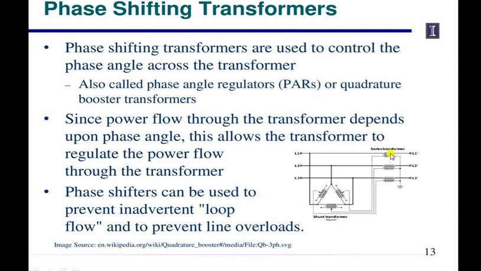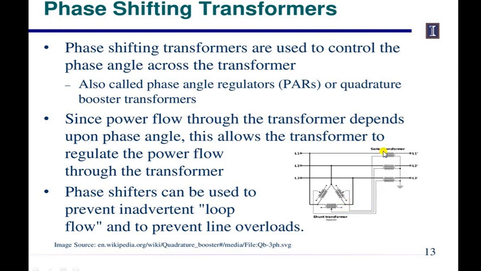The phase shifting transformer's primary will be in one line, and the secondary we will have over here. Like this, in all three lines, one winding of this phase shifting transformer is connected in line, and the other winding of each of these series transformers is connected to this shunt transformer.